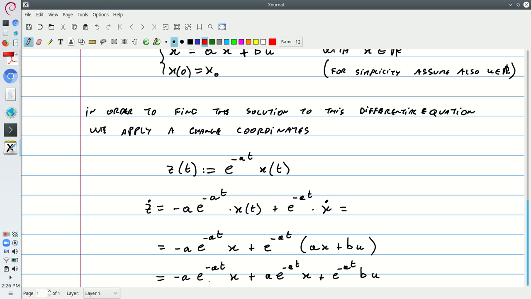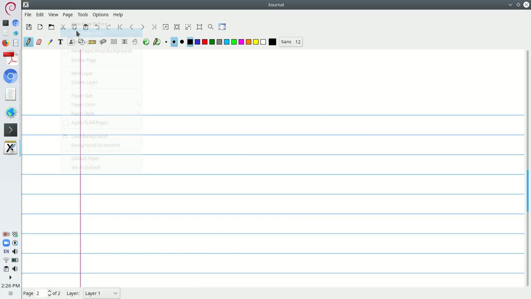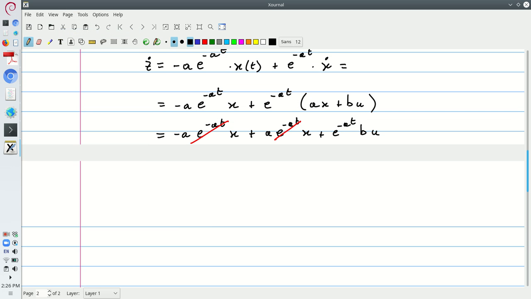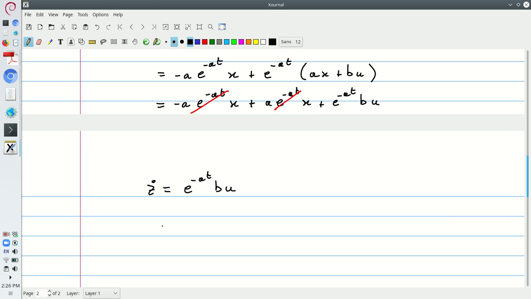As you can notice, these first two terms cancel each other out, giving us a simpler expression: z dot equal to exponential of minus at bu. Okay, this is very easy to solve, because if I integrate this from 0 to t, I obtain that z at time t minus z at time 0.